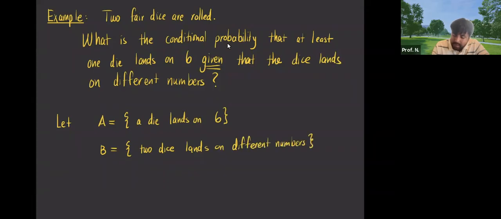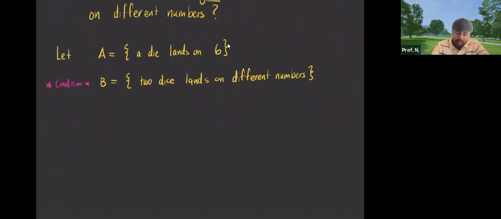This first step may seem like it's not that important, but it's very important because it clears things up completely. Now this here is my condition. This is the thing that we're conditioning the probability upon.